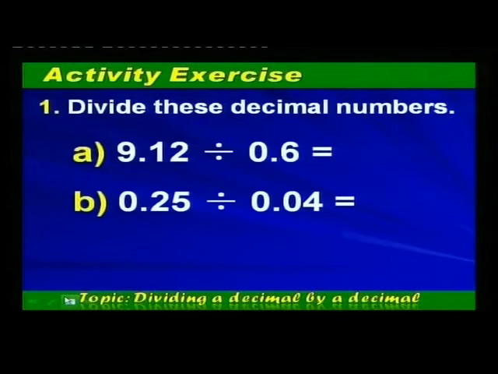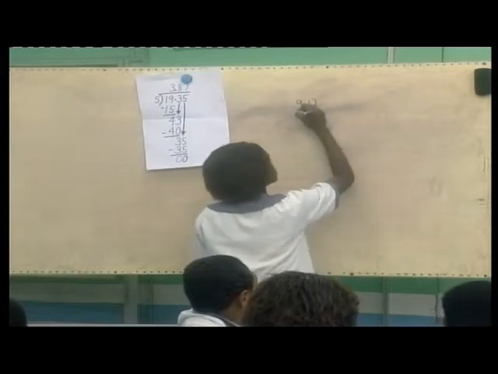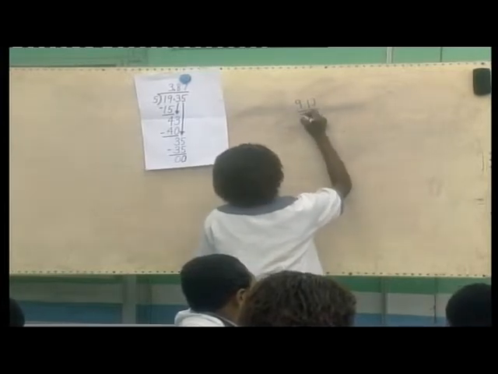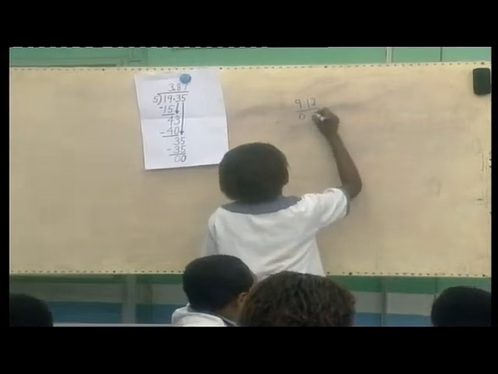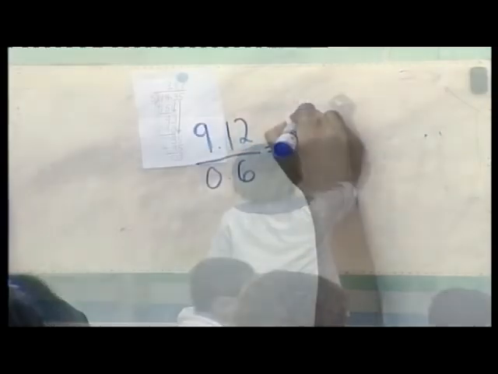Let's see if Lorraine has tried to grasp the steps in working out exercise A. The others watch carefully. You will correct if there is a need for correction.